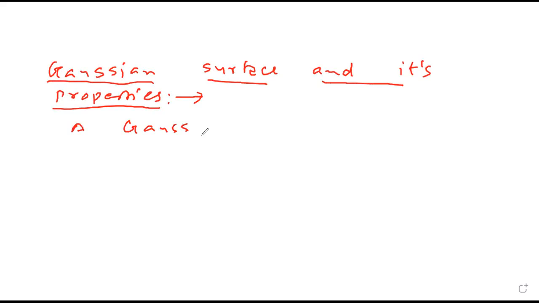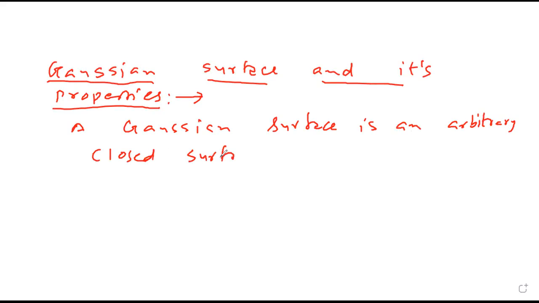A Gaussian surface is an arbitrary, means any, closed surface through which flux passes.